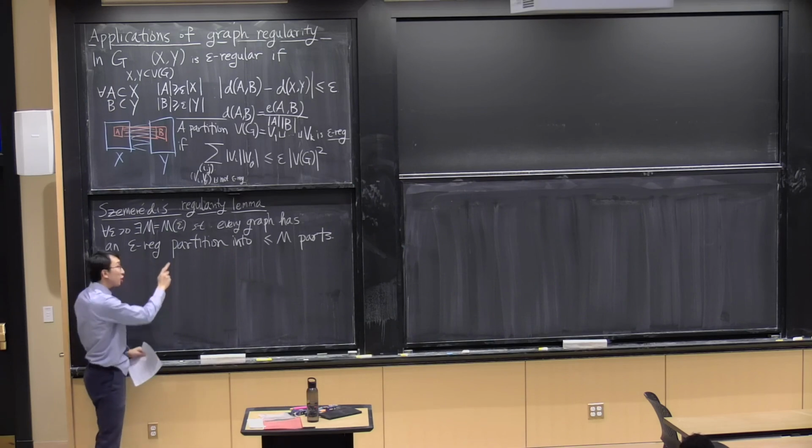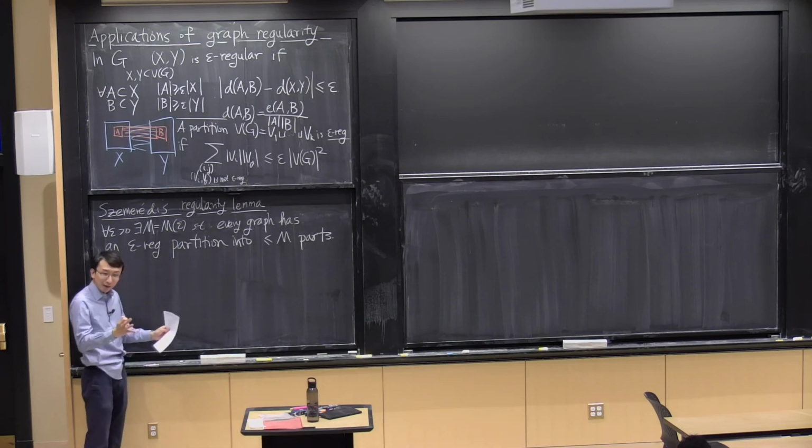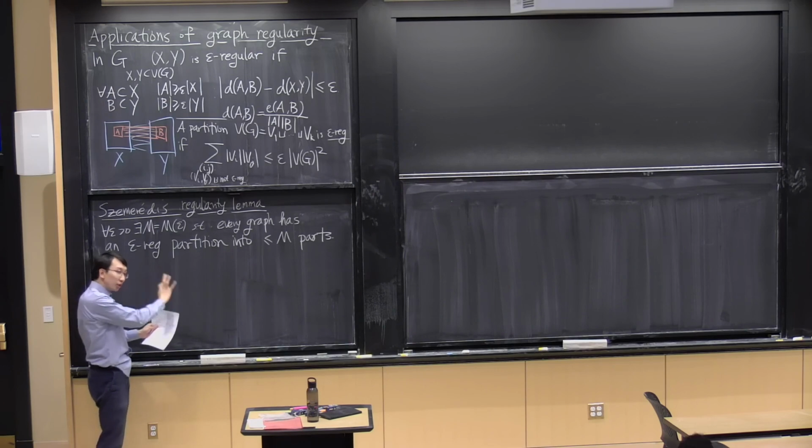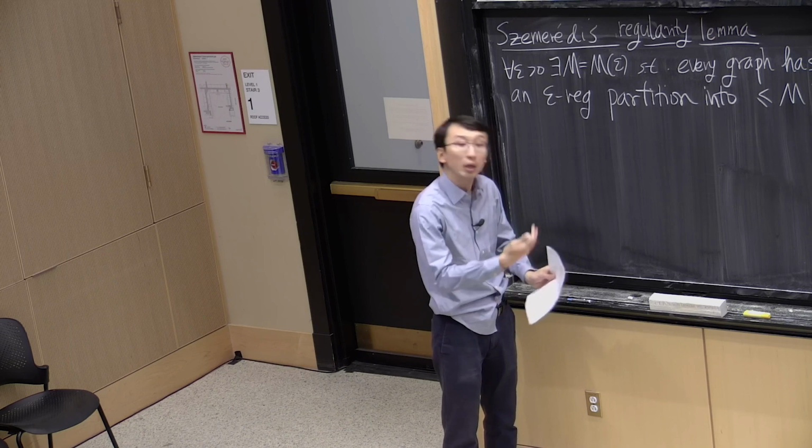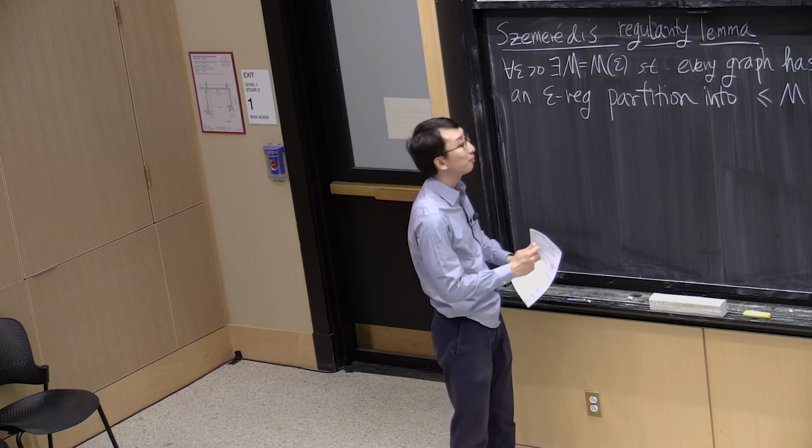In particular, the number of parts does not depend on the graph. So for every epsilon, there's some M, and no matter how large the graph, there exists a bounded size partition that is epsilon regular.